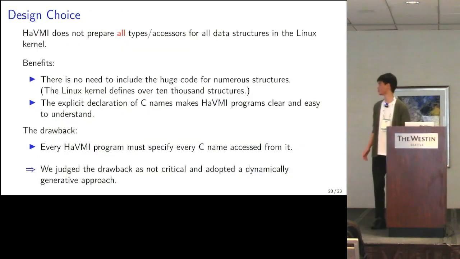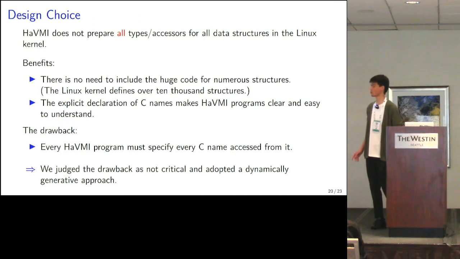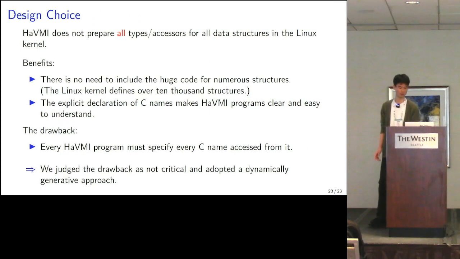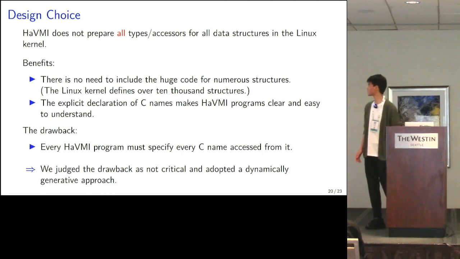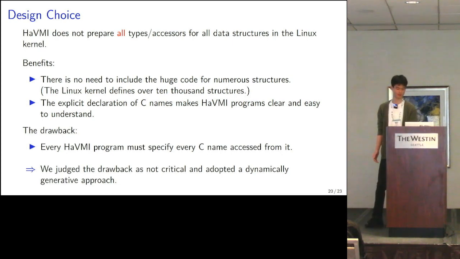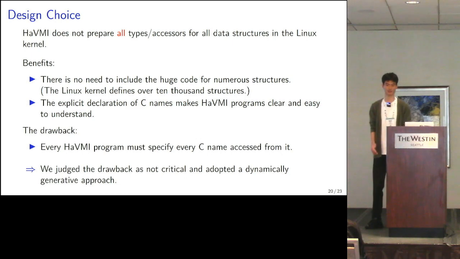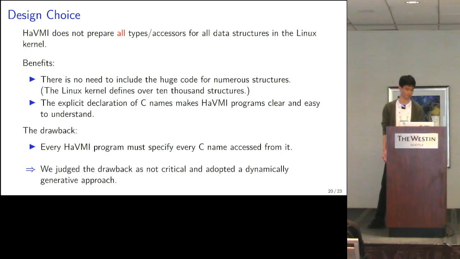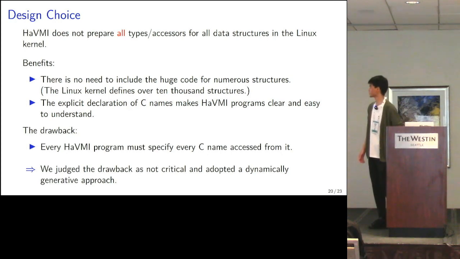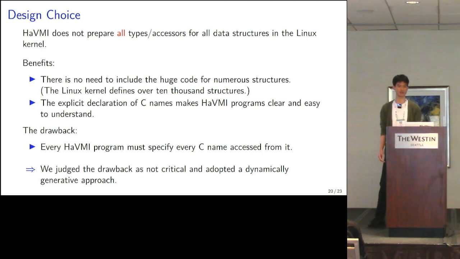As I mentioned before, HaVMI does not prepare all types and accessors for all data types in the Linux kernel. One of the benefits is that there is no need to include a huge amount of code for numerous structures. In fact, the Linux kernel defines over 10,000 structures and their many members. Another benefit is that the explicit declaration of C names makes HaVMI programs clear and easy to understand.